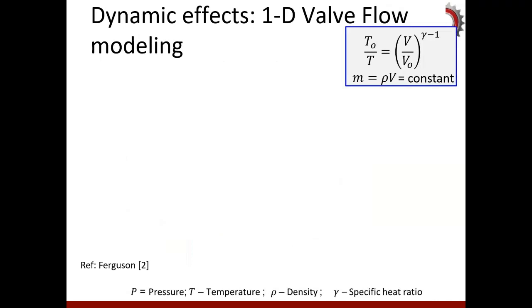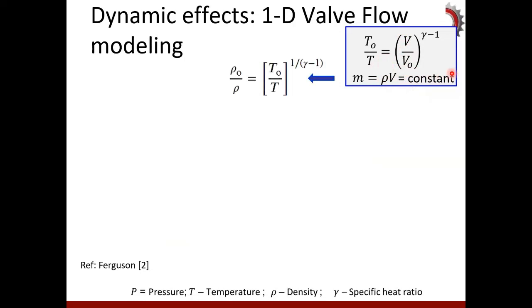Now, if you further look at this, the temperature ratio is the volume ratio to the power of gamma minus 1 if the process is isentropic. Then the mass is rho times V, the density times the volume, which is a constant by mass conservation. Accordingly, this volume ratio can be replaced with the density ratio.